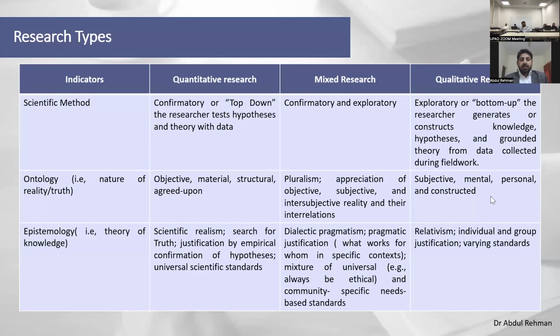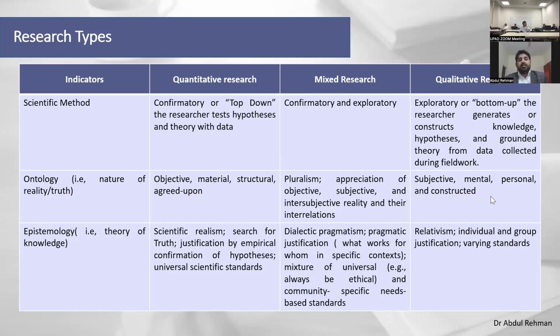I would not go into the details, but these slides differentiate the difference between quantitative and qualitative research. That's very important, because when you choose the qualitative, you have to know what the key indicators and key phenomena are that lead you to choose qualitative research.